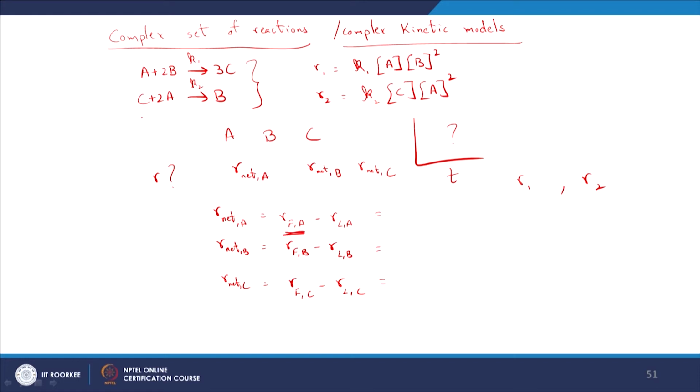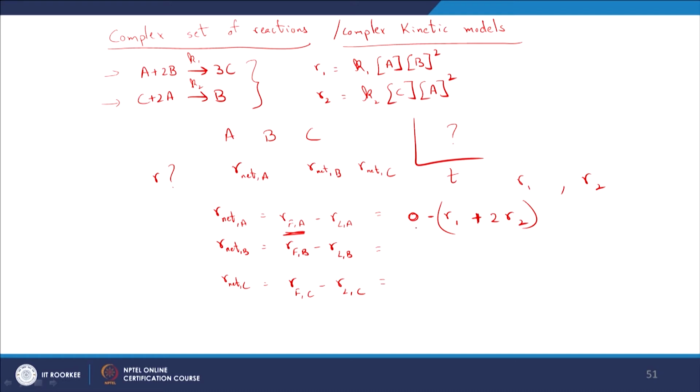It's being formed nowhere, so that's going to be 0, right? Minus the rate of loss. How is A being lost? It's being lost by both the reactions. So we are going to have minus the rate of reaction 1 because the stoichiometric coefficient is 1 here, and minus 2 R2, right? Hopefully that makes sense. So it's just minus of R1 plus 2 R2.